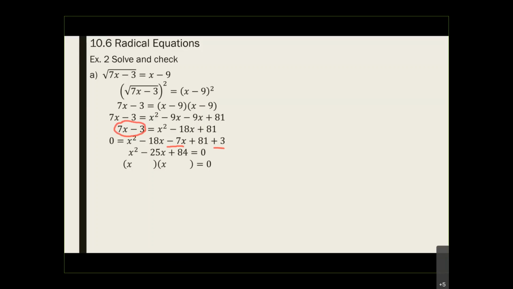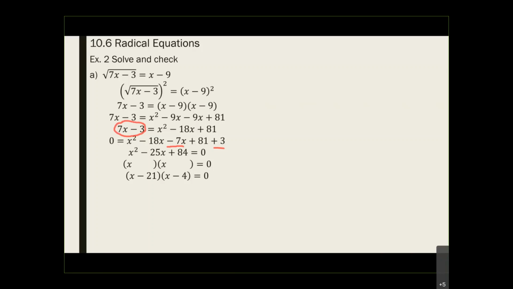And now we ask ourselves, 20, no, not 21. The answer is 21. For 84, are there two numbers that multiply to give you 84 but add together to give you 25? I slipped and said 21, but hopefully you see that 21 times 4 is 84, and 21 plus 4 is 25.